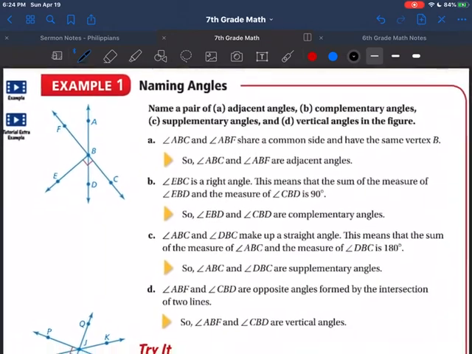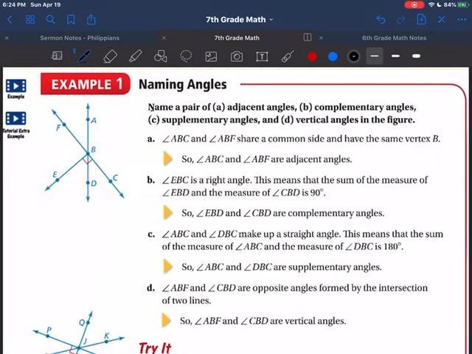All right, so let's just talk about these things. Naming angles. Name a pair of adjacent angles, complementary angles, supplementary angles, and vertical angles in the figure. So they want us to basically identify what we saw. Let's actually follow along.